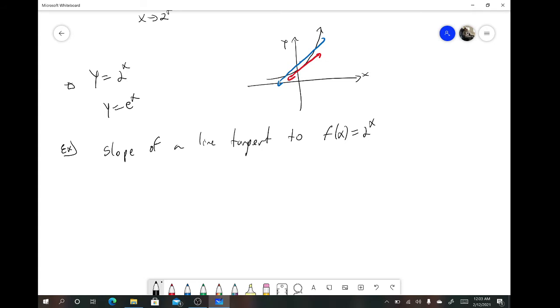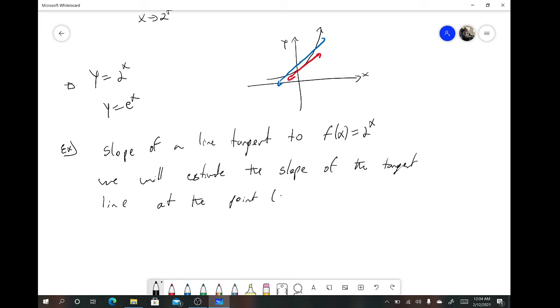Now we will estimate, much like we did in lecture 2, the slope of the tangent line at the point (0, 1).